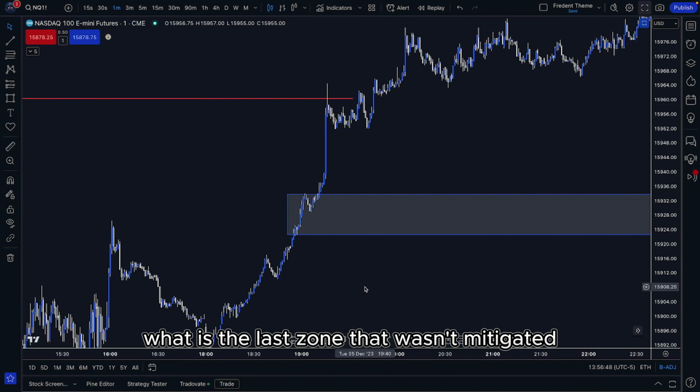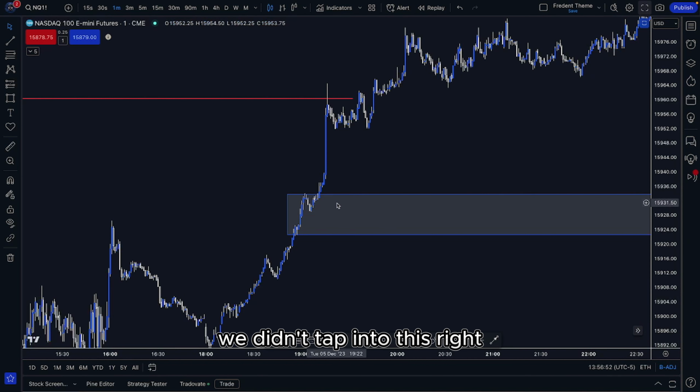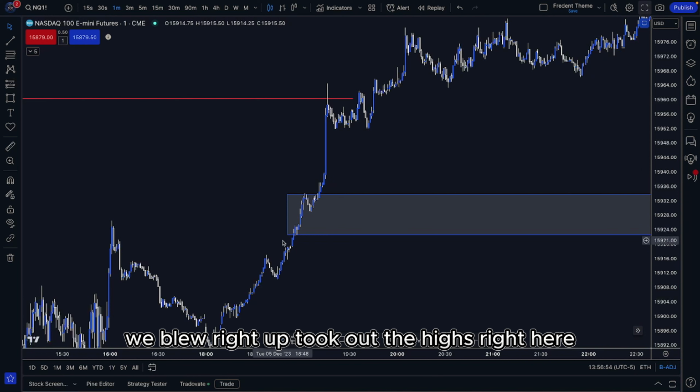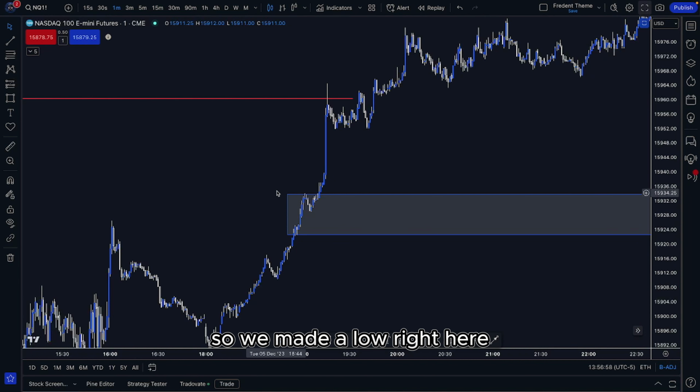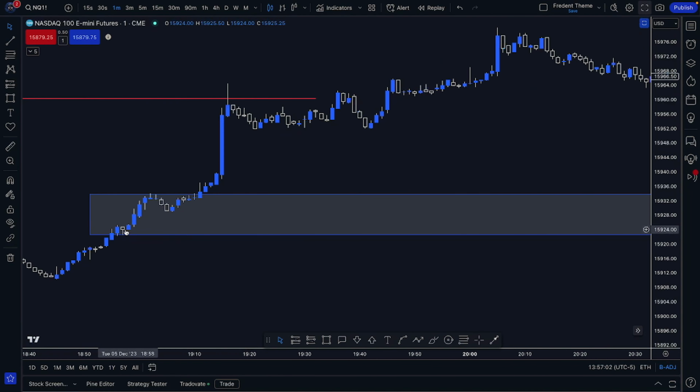what is the last zone that wasn't mitigated? We didn't tap into this, right? We blew right up, took out the highs right here. So we made a low right here, this white candle right here. That's a low. This is a high.